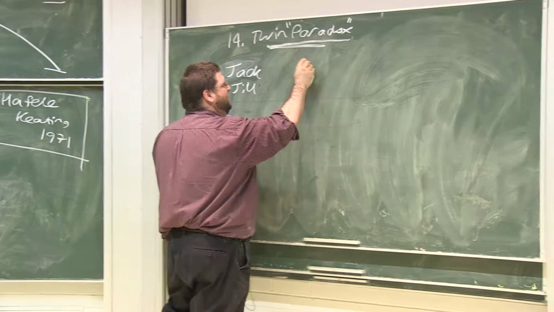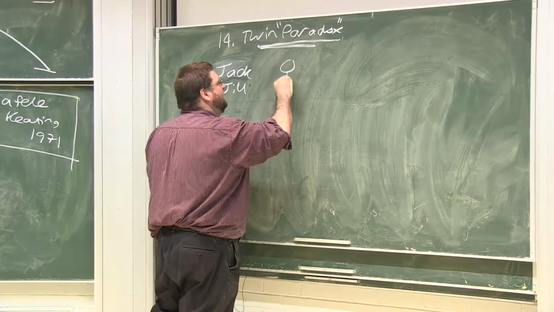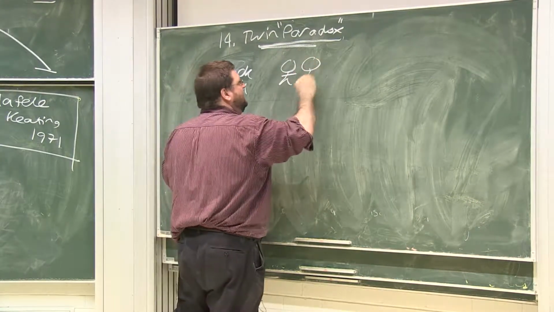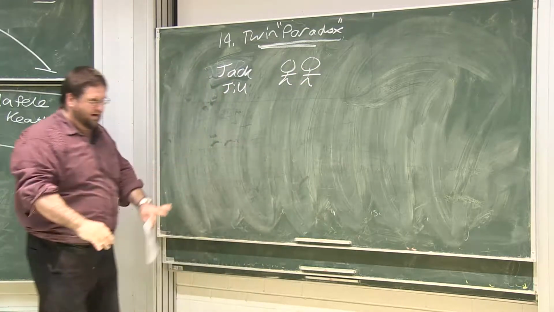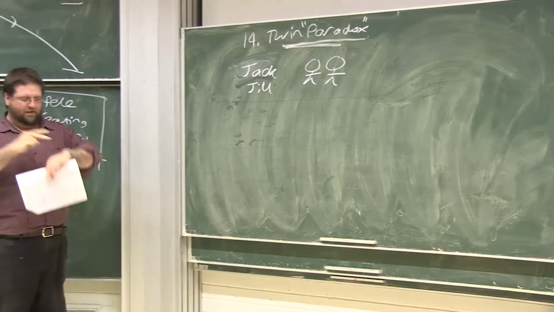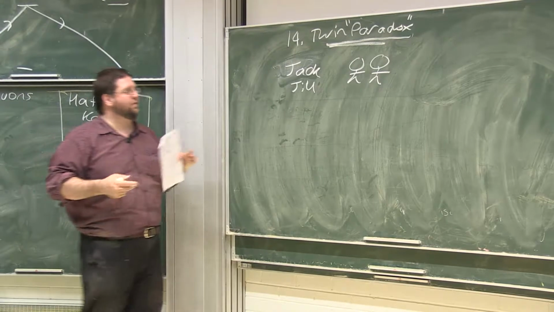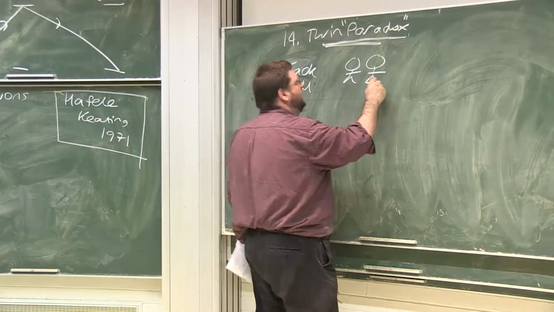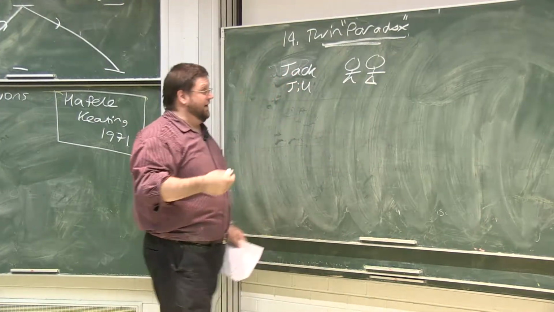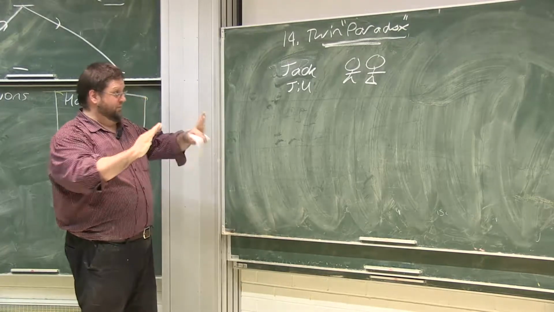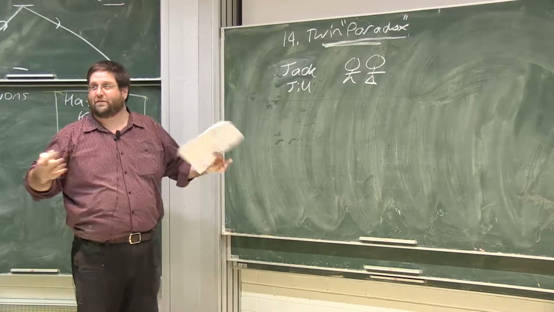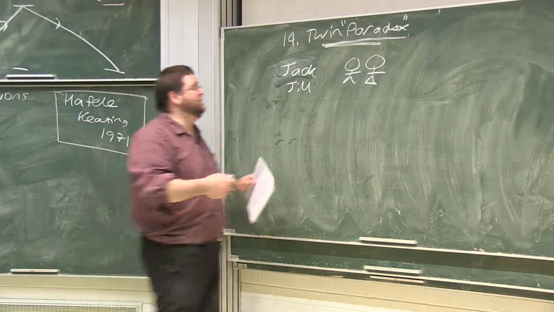Here's Jack and here's Jill, and let's assume that the XYZT frame rigidly attached to the Earth is approximately inertial. Jill, being an astronaut, has clocks, and they synchronise them. In fact, those clocks are called their ages, which are the same.